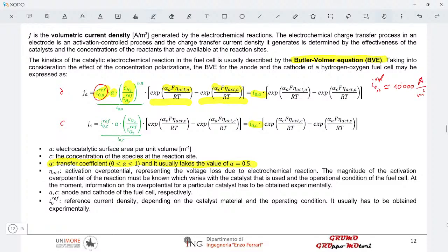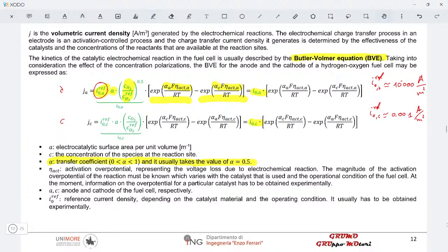The same amount of platinum at the cathode, just because it reacts with oxygen, less diffusive and less active than hydrogen, we might have a reference exchange current density at the cathode of 0.001. Okay, so this is where the many orders of magnitude of difference between anode and cathode are introduced in the equations.